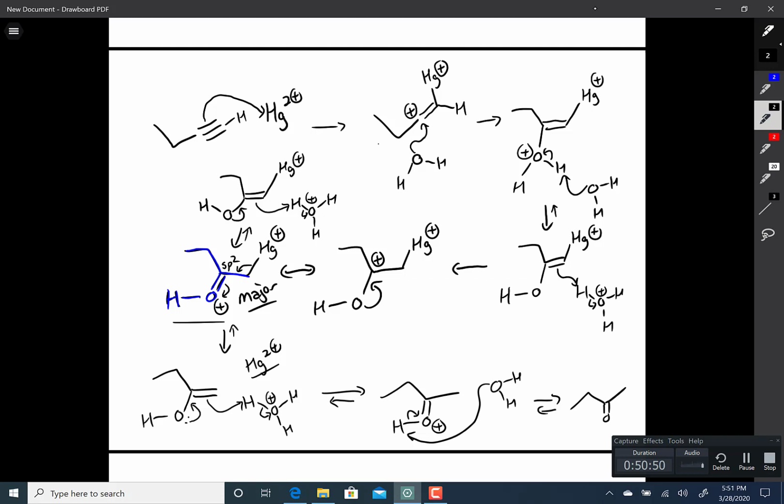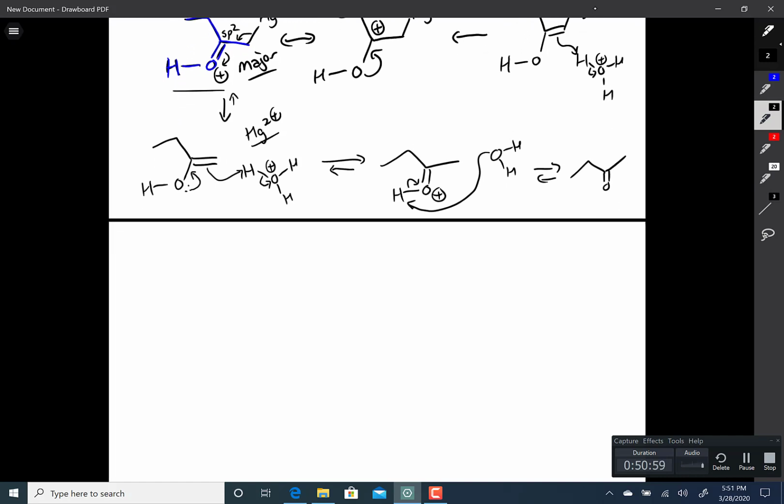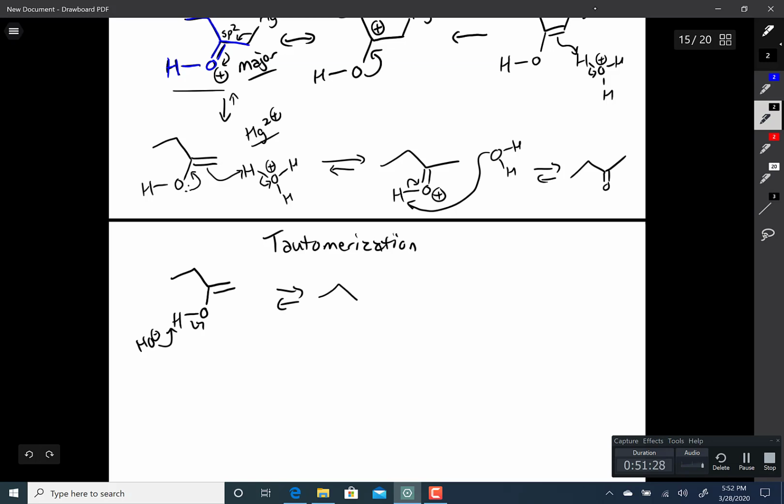I'm over time, but I do want to cover this one thing real fast. Tautomerization can be done in acid or base. Base deprotonates, gives you an O-.